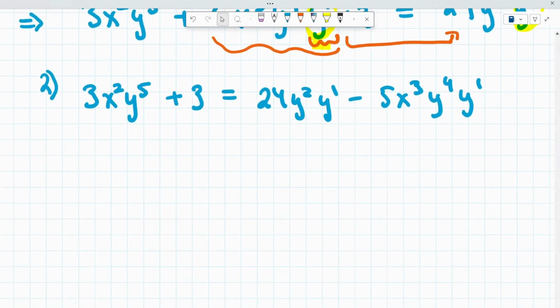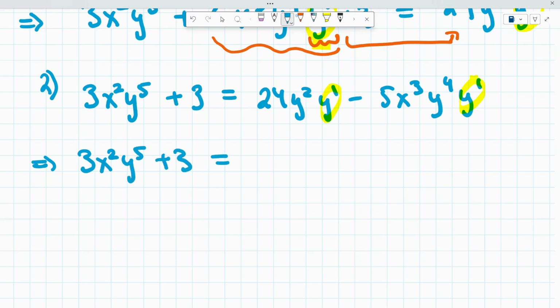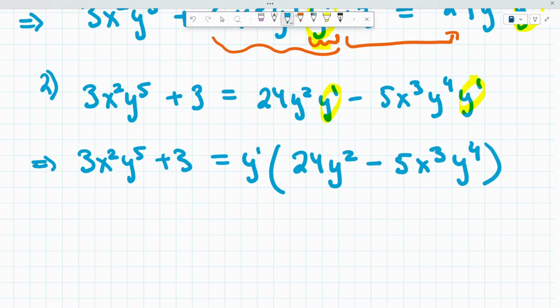So now that we have this guy isolated on the right-hand side, let's factor it out because it exists in both the terms, okay? So our left side is the same still, so 3x squared y to the 5 plus 3, and now we're factoring out y prime, and then we are left with 24y squared minus 5x cubed y to the power of 4.